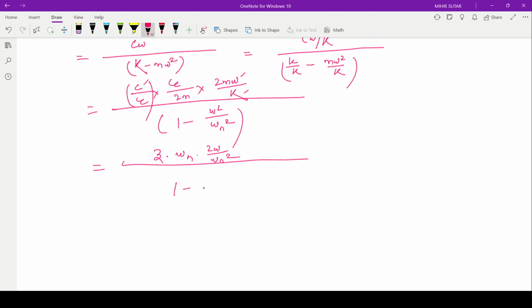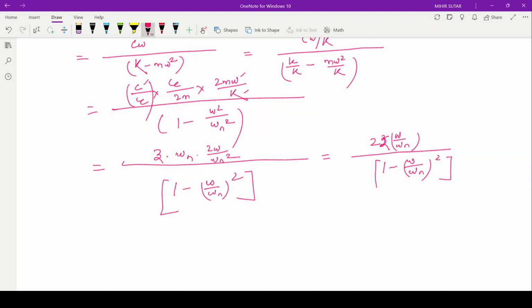So in the denominator we have omega by omega n square. So this will be equal to 2 zeta omega by omega n divided by 1 minus omega by omega n square. Understood how we derive this? You see the derivation well.